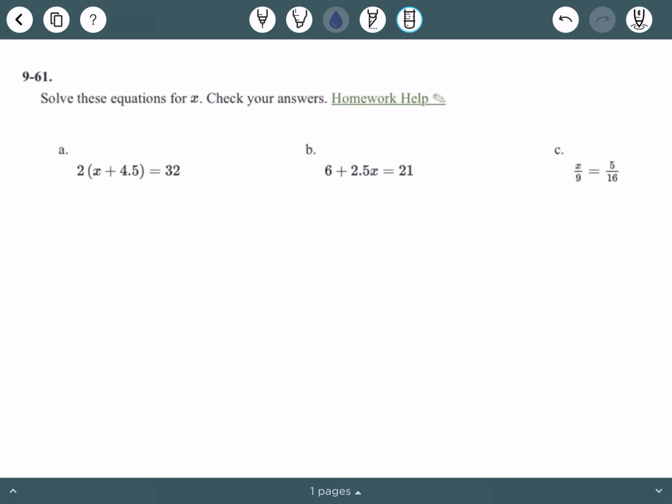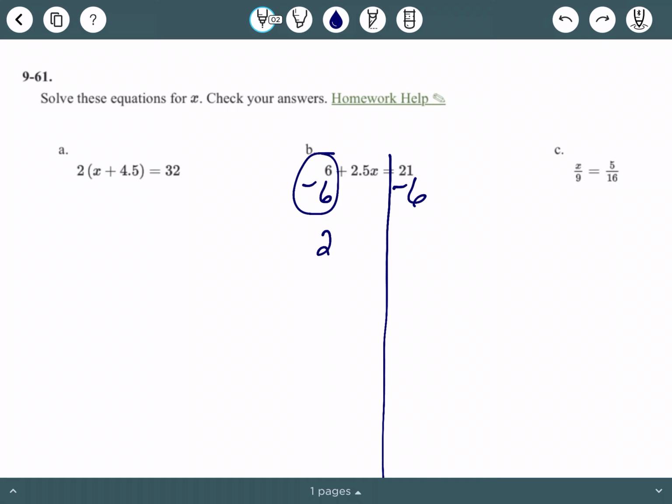All right, part B, we have 6 plus 2.5x equals 21. I'm going to draw my line down just because I like to keep my work organized. Start by subtracting 6 on each side. So we have a zero pair here. I'm left with 2.5x equals 21 minus 6, which is going to give me 15.